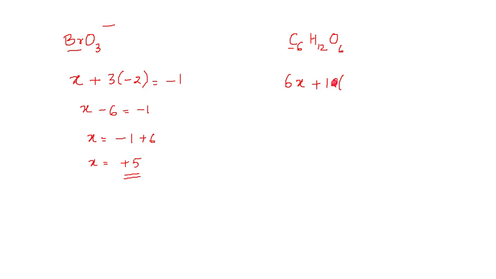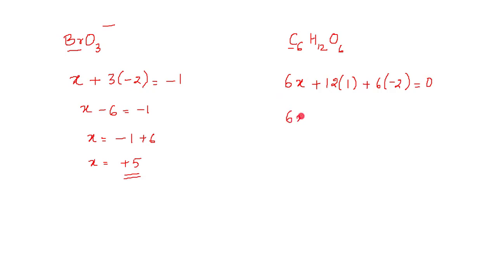Hydrogen charge is always +1 in its compounds, but when it combines with metals, it will be -1. Here it is combined with non-metals, so its charge will be taken as +1, plus how many oxygen? 6 into oxygen oxidation number -2, equal to 0, right? Why 0? Because it is a neutral molecule.